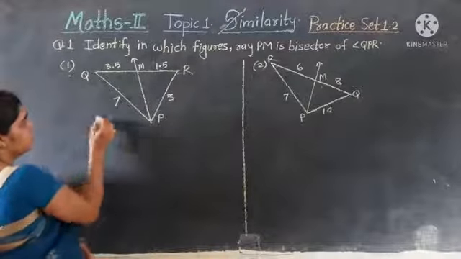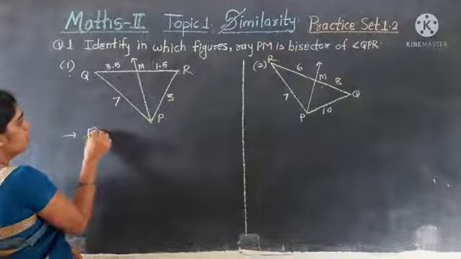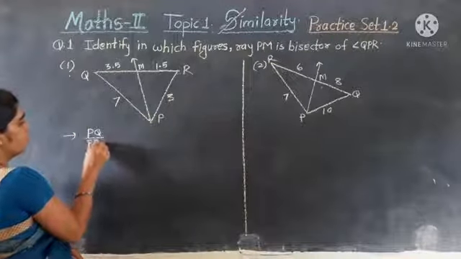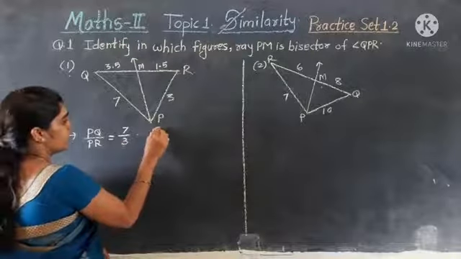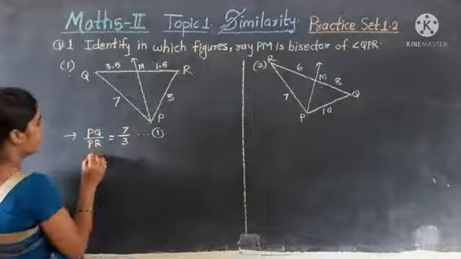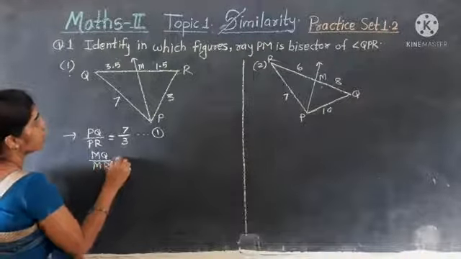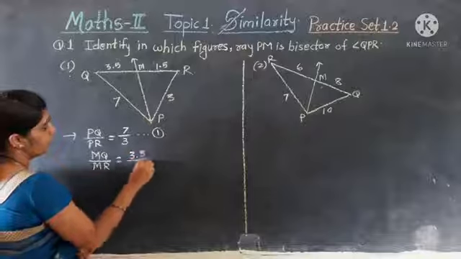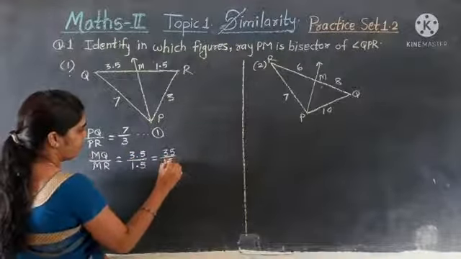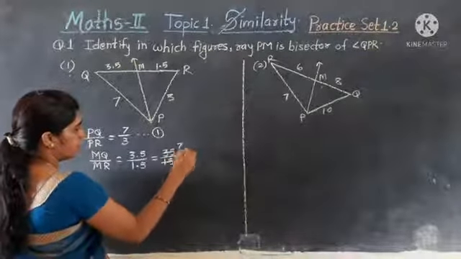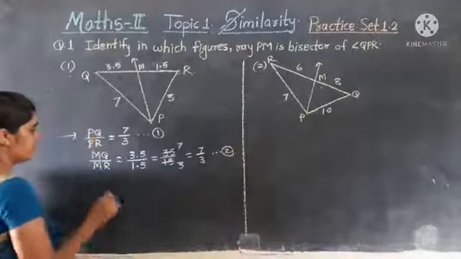Okay, so here first you find PQ upon PR, 7 upon 3, and you call this equation first. And second, you find MQ upon MR is equal to 3.5 upon 1.5, that is 35 upon 15. 5 3s are 15, 5 7s are 35. 7 upon 3, you call this equation number second.